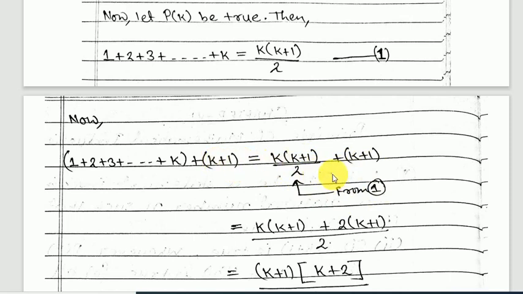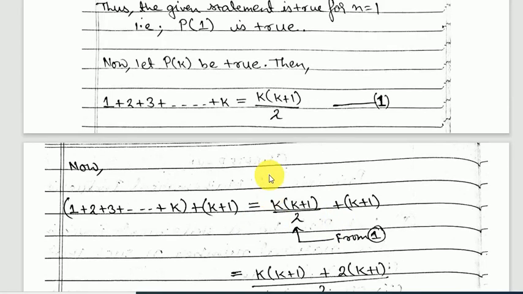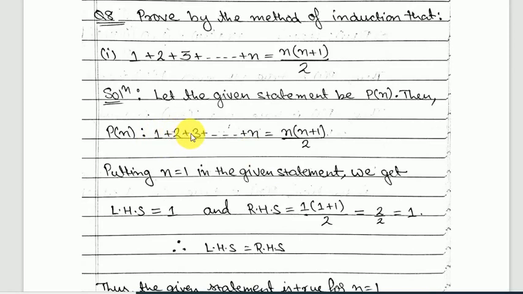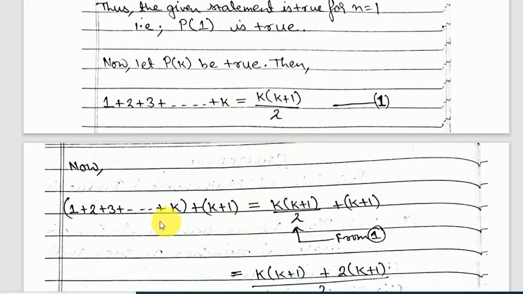Here the statement was 1 plus 2 plus 3 dash plus n is equal to n, in bracket, n plus 1 upon 2. But now we have taken 1 plus 2 plus this till k plus 1.